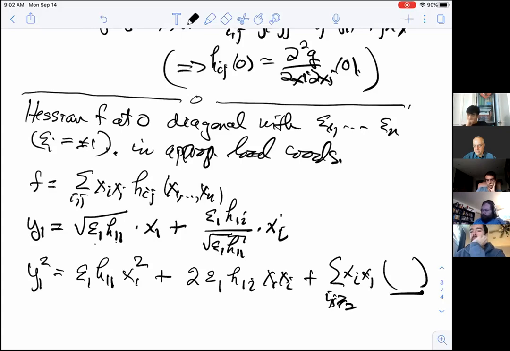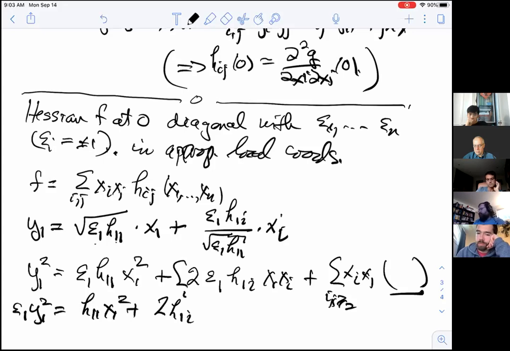Okay, so if I take epsilon 1 times y1 squared, I will get h11 x1 squared plus 2 times the sum over i of h1i x1 xi, plus other stuff that only has in front of it xi xj with i and j greater than or equal to 2.